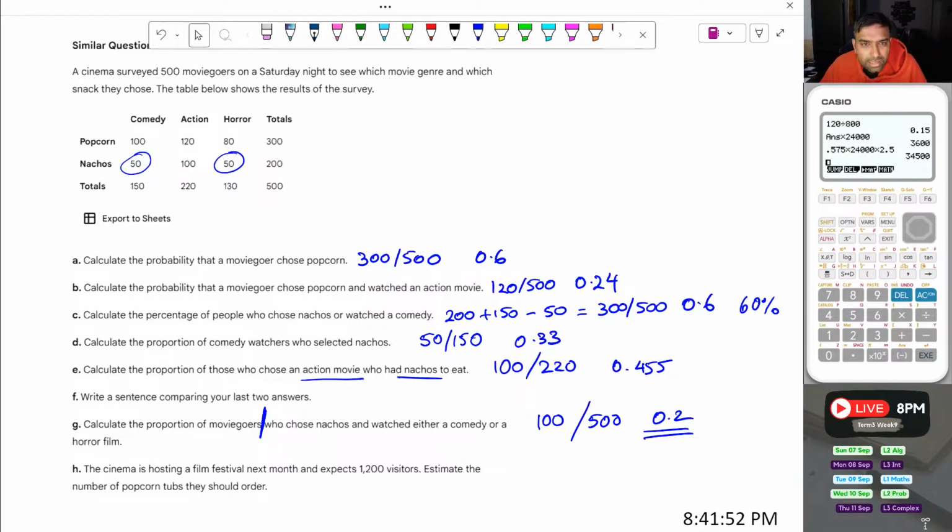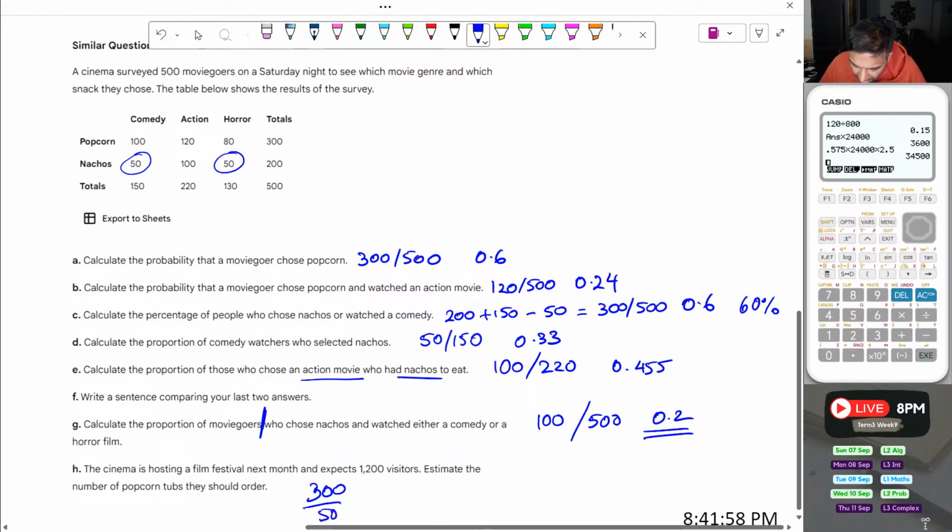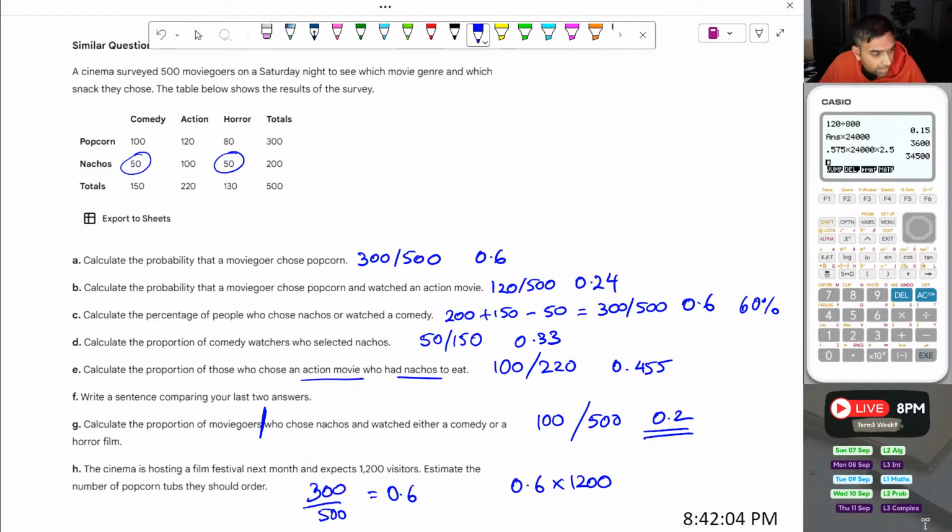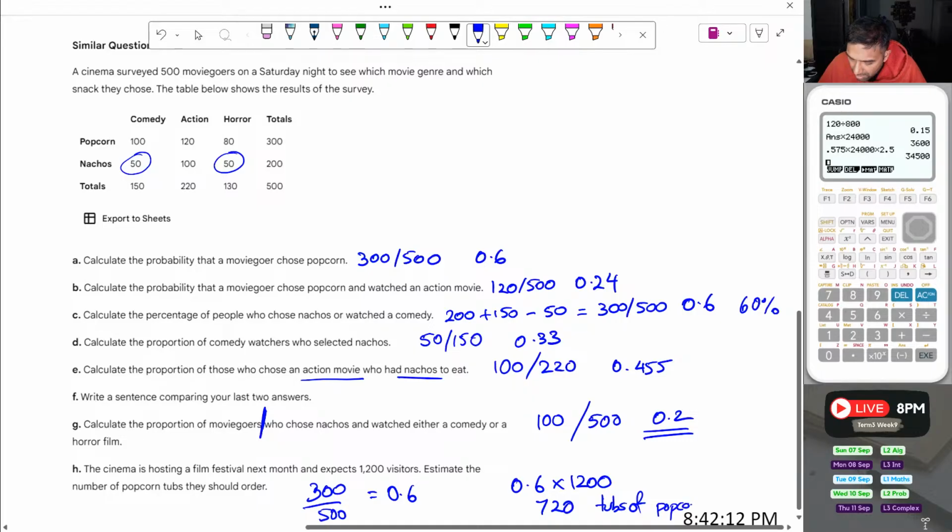The current population says we've got 300 out of 500 for popcorn, which is 0.6. If you multiply 0.6 by 1,200, you get 720. That means you're looking at 720 tubs of popcorn.